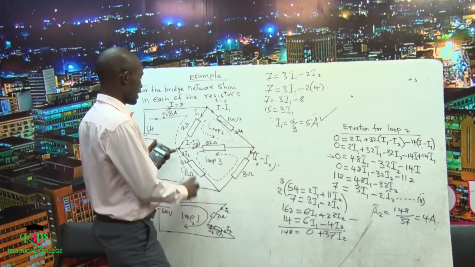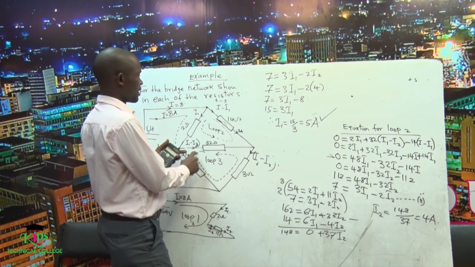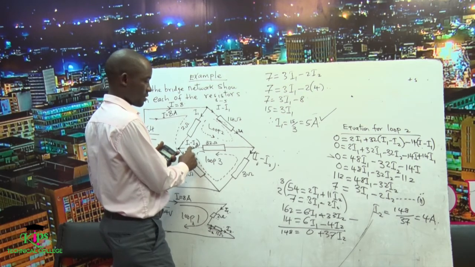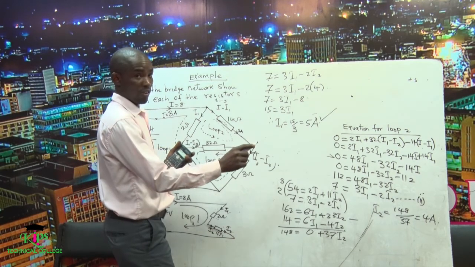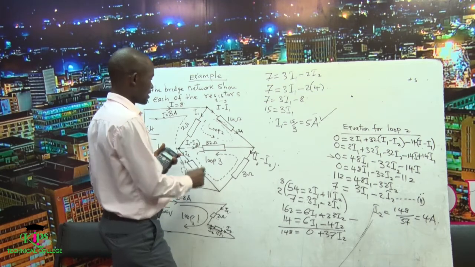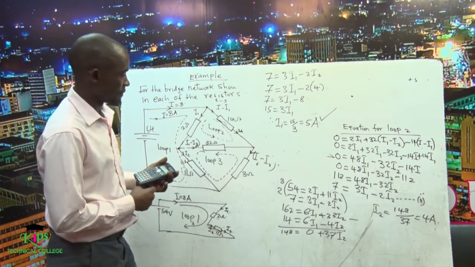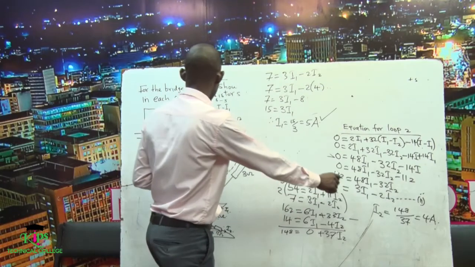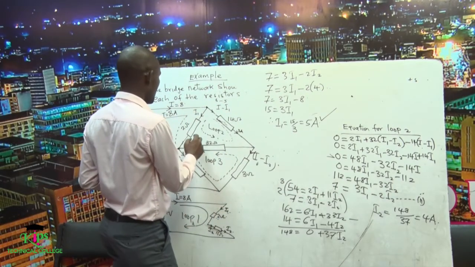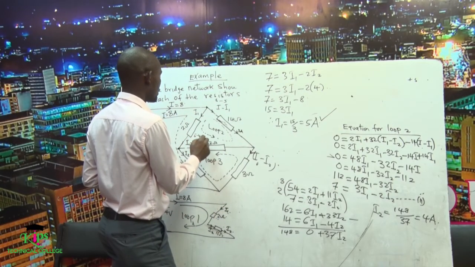If you want to determine the current passing through this branch, it will be I1 minus I2, which is 5 minus 4, which is 1 ampere.